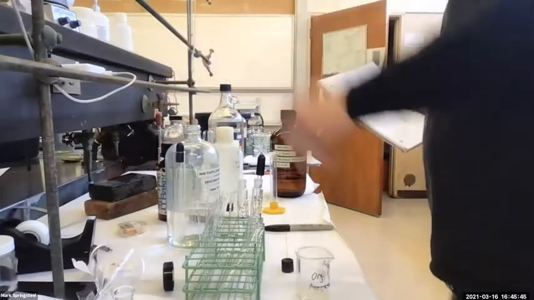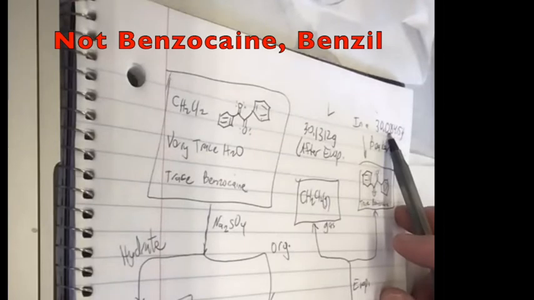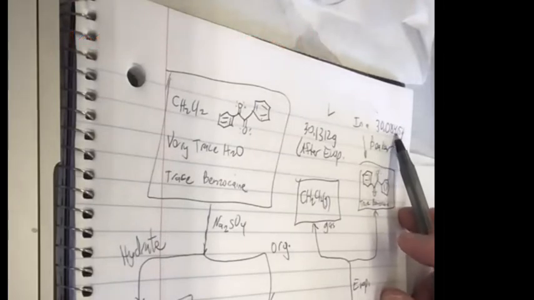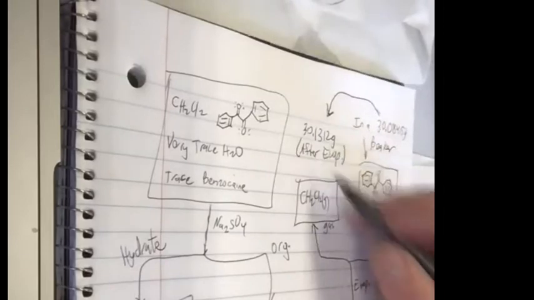Let's see how much that weighs out to be. So this is our benzocaine. It was in a 30.0845 empty beaker. And then after the evaporation, I got that number.